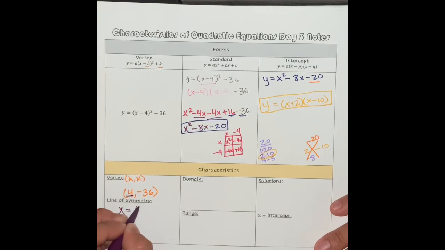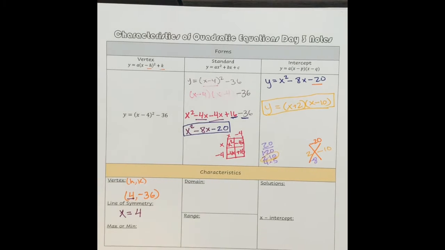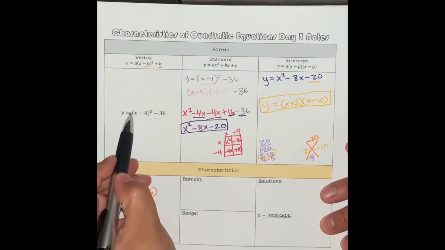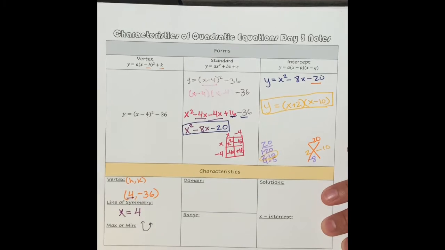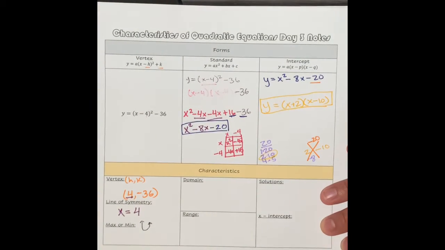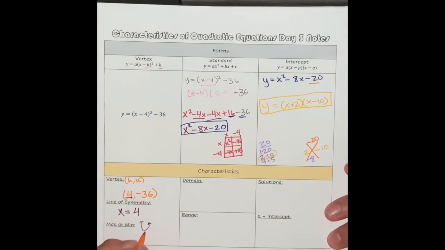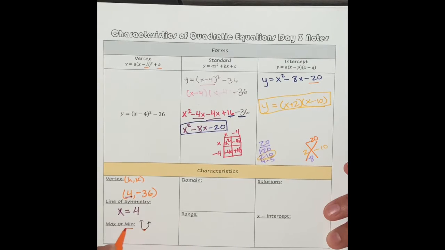So we have x equals 4. And our max and our min. Now, keep in mind, if we don't have a negative in the front, that means our quadratic is happy. Since we have a happy quadratic, that means we have a minimum. So we have a minimum at (4, negative 36).